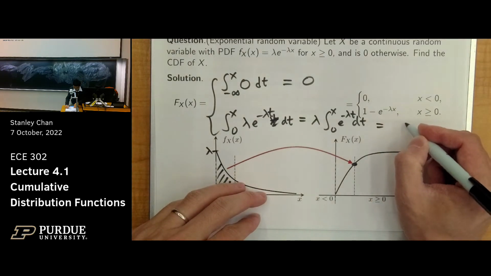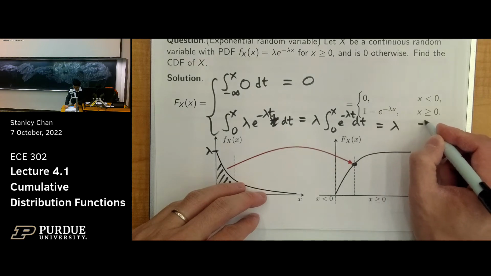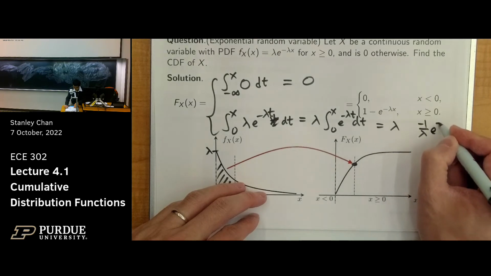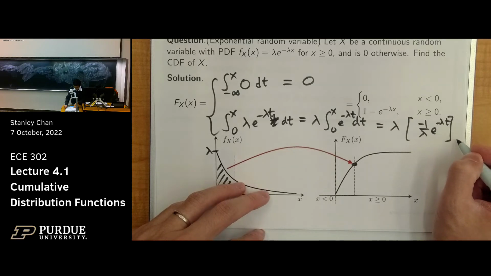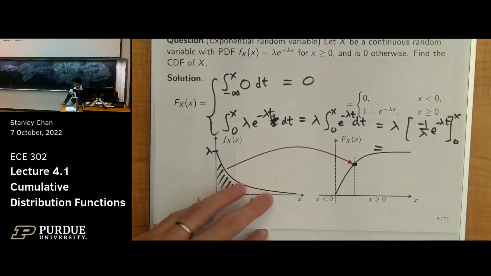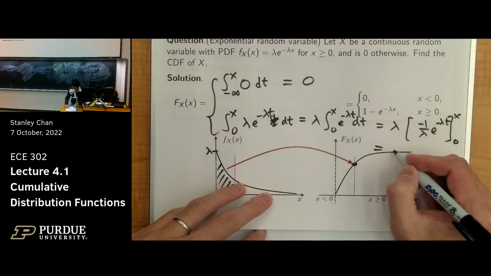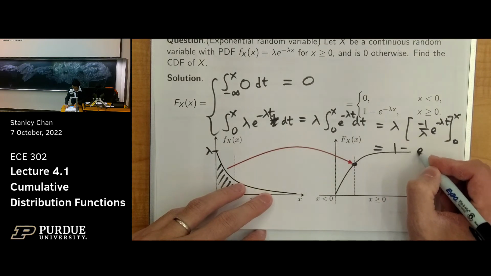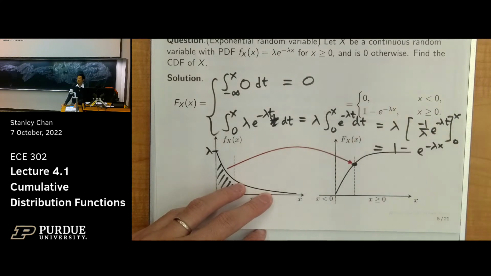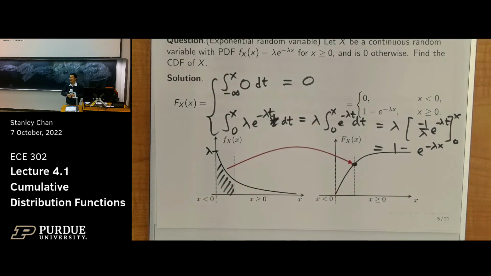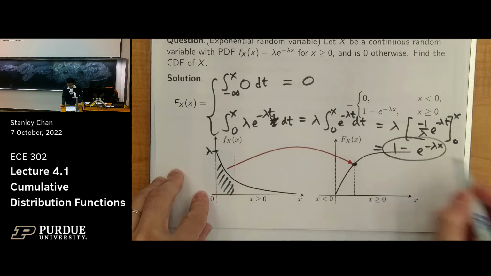So it is going to be lambda here, minus 1 over lambda, e to the minus lambda t. Am I right? You hold the responsibility, okay? So this is going to be 1 minus e to the minus lambda x. Yes, okay, this is right. So the tip is that please read your calculus textbook. Okay, good. So that's the CDF.